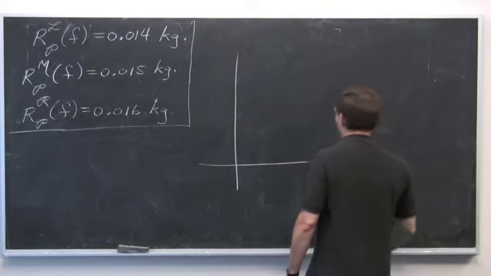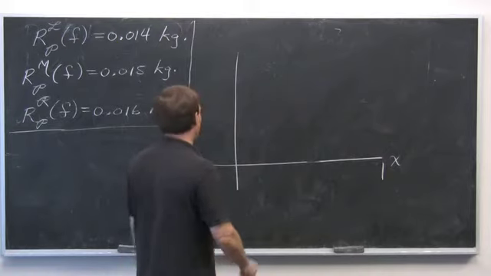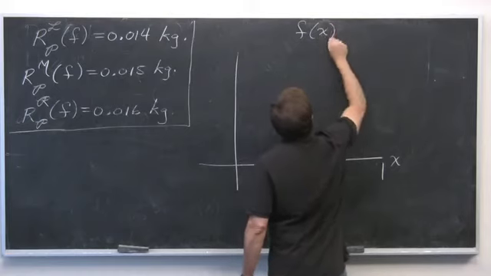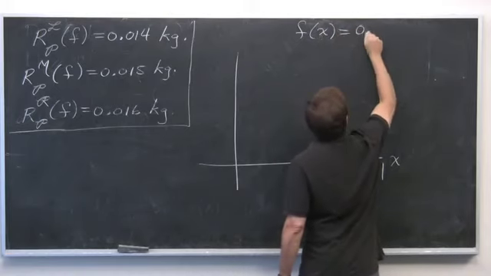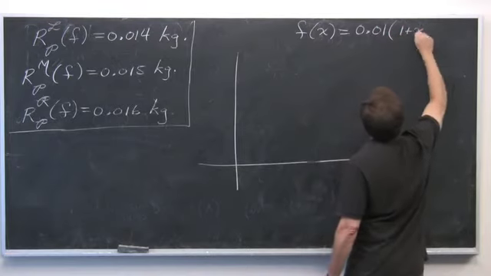So here's x. I'm going to take the function that we're taking Riemann sums of, which is our f of x is 0.01 times 1 plus x.